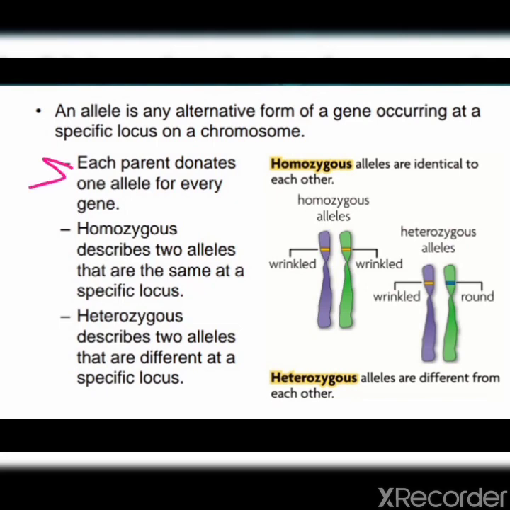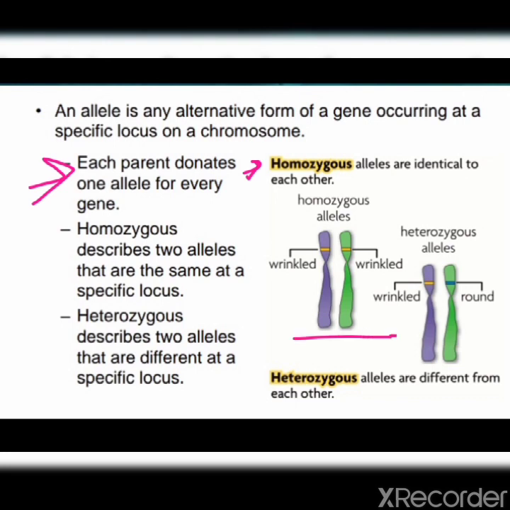Each parent donates 1 allele for every gene. Clear, children? If we see homozygous, alleles are identical to each other, means similar. Homozygous means similar. So, homozygous alleles are identical to each other.